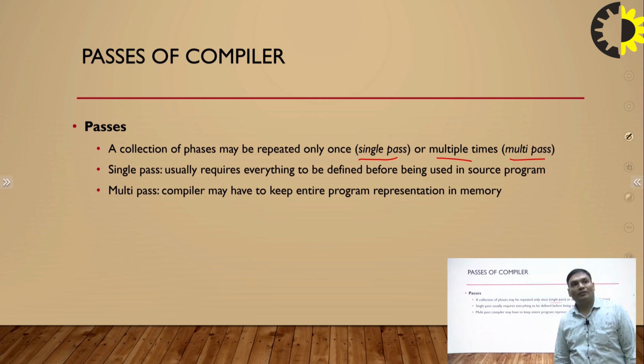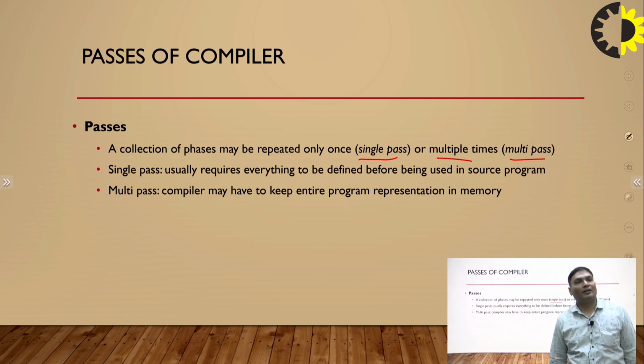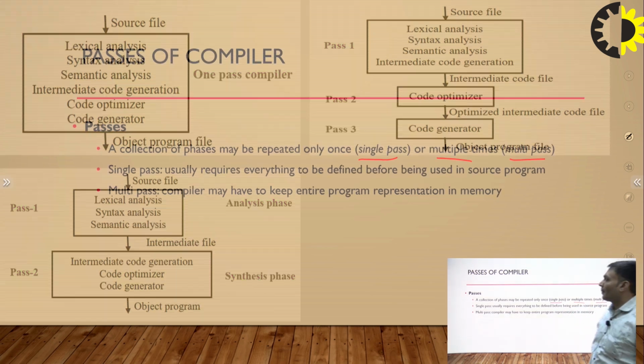A single pass usually requires everything to be defined before use in the source program, while a multi-pass compiler may have to keep the entire program representation in memory.